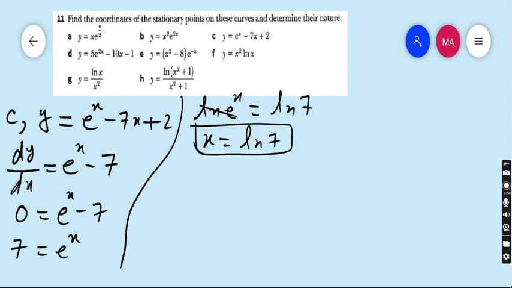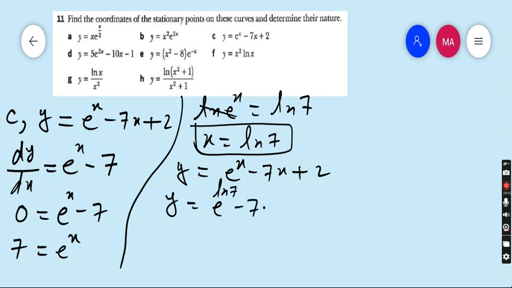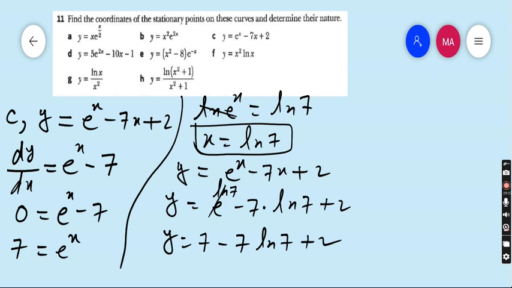Now put this value of x in the given question. y equals e^x minus 7x plus 2. y equals e^(ln 7) minus 7 ln 7 plus 2. y equals, ln and e cancel, 7 minus 7 ln 7 plus 2. y equals 7 plus 2 is 9, 9 minus 7 ln 7.